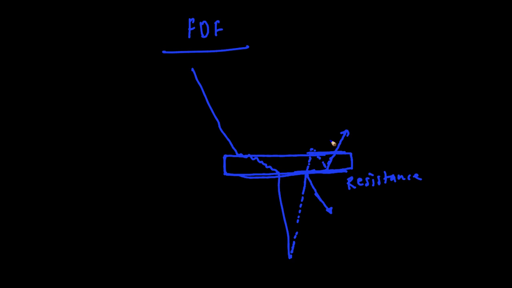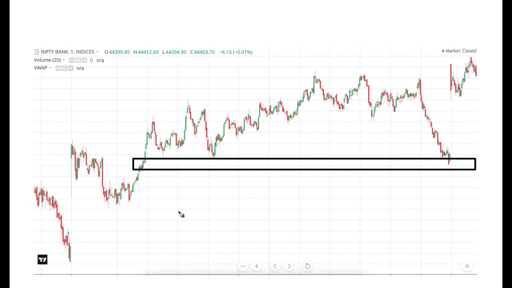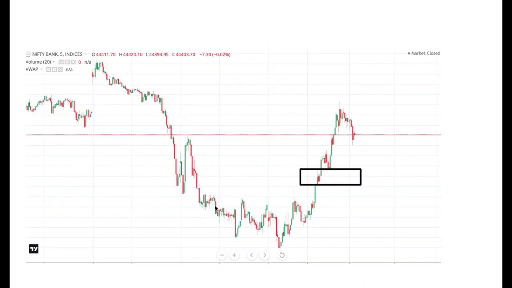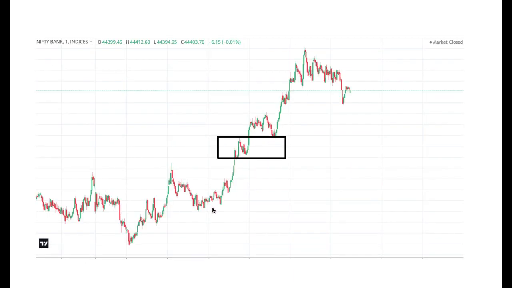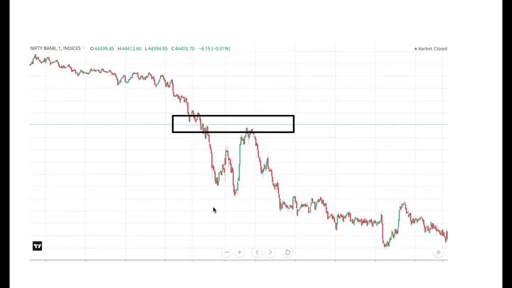So let's see the examples of this. So here is the first example.